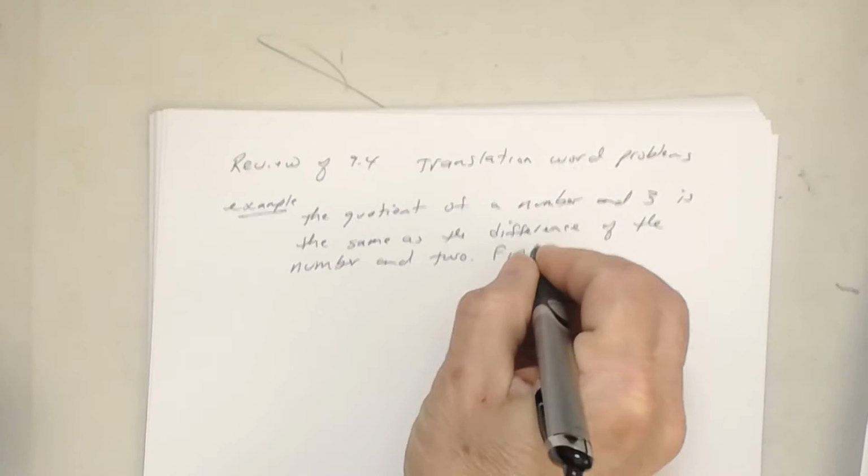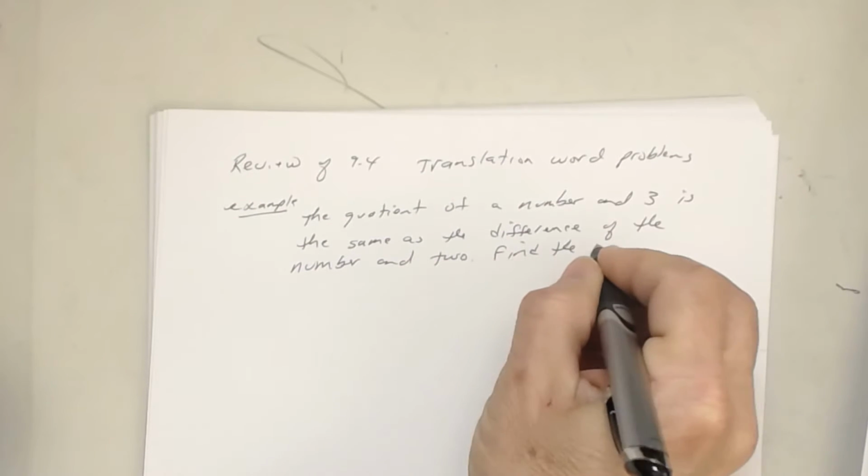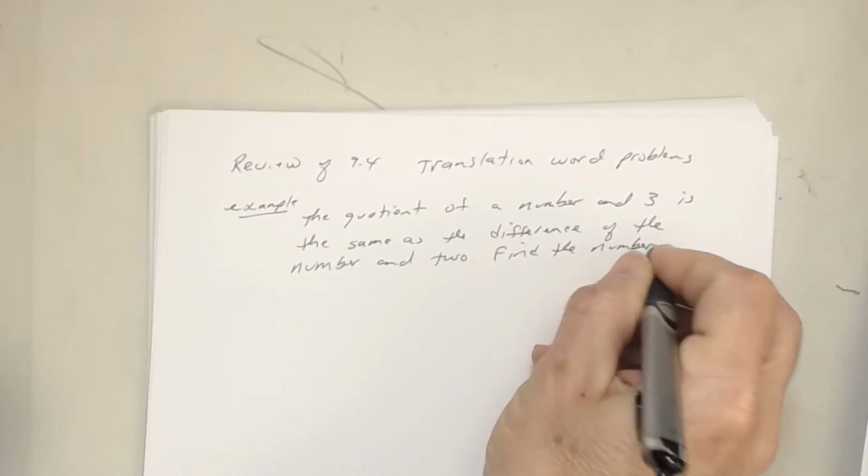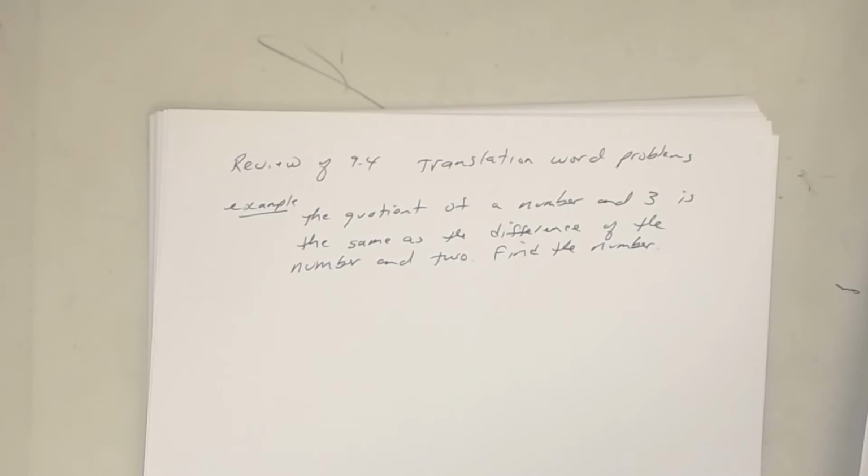And then you're going to find the number. So the quotient of a number and 3 is the same as the difference of a number and 2. And we'll find the number.